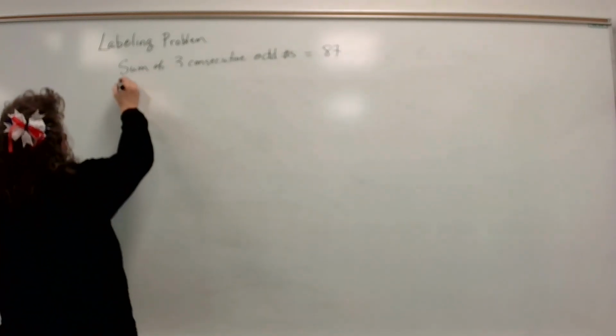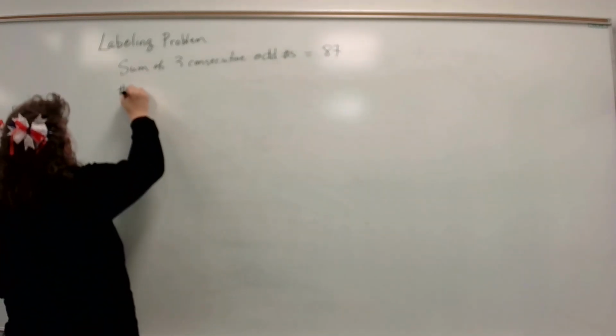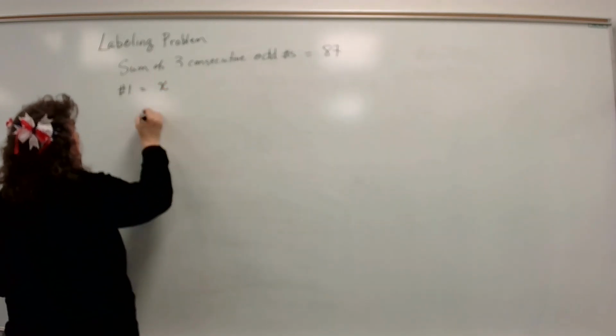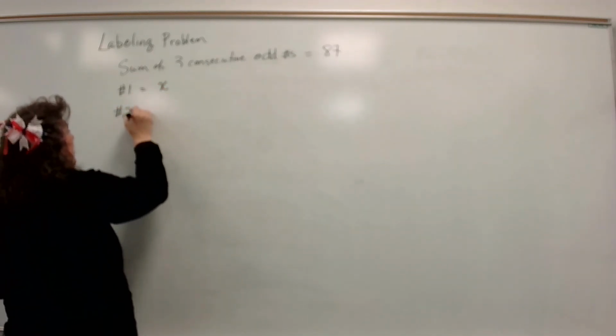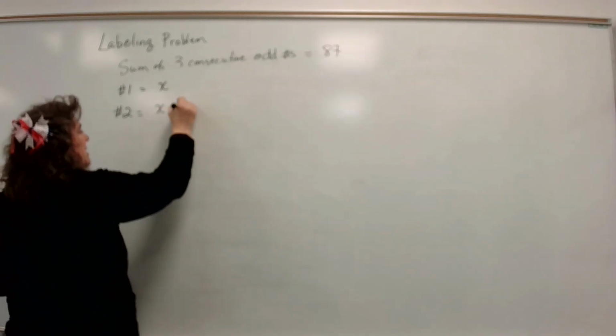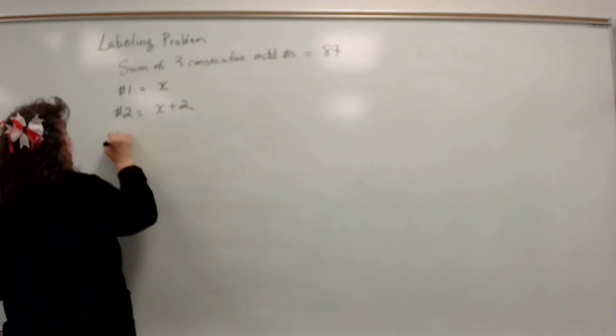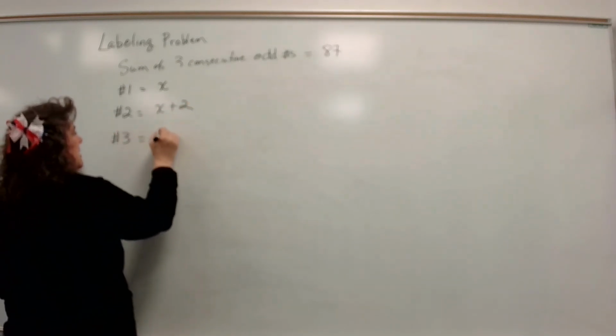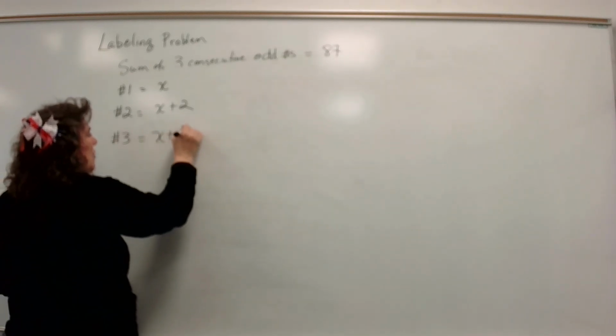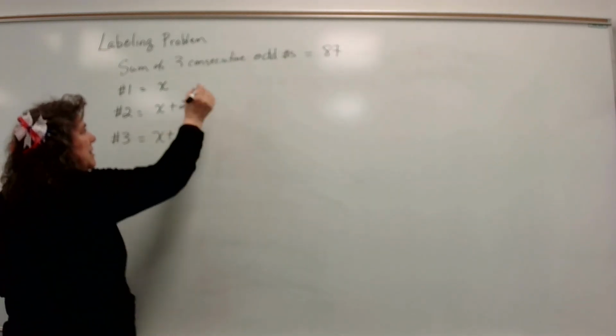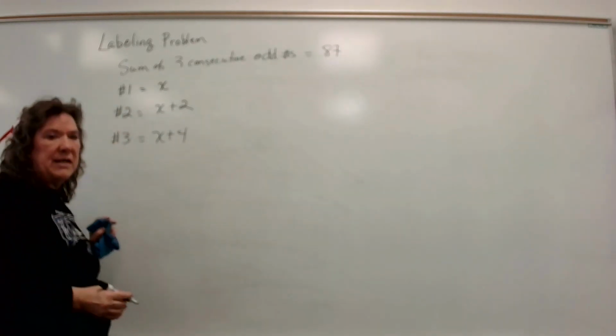So your first one is integer number 1 is going to be my x. Integer number 2 is my x plus 2. And integer number 3 is equal to x plus 4. Now remember, the sum of these is equal to 87.